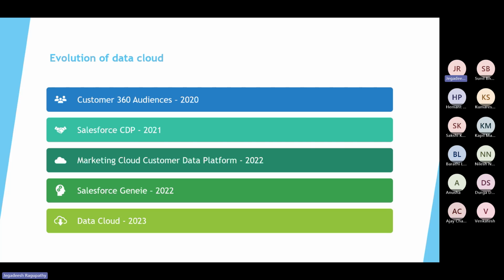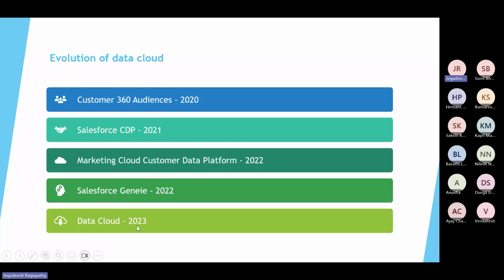And then it was called Marketing Cloud Customer Data Platform. These are renames of the same Customer 360 Audiences. We all know how Salesforce keeps changing every quarter, in the name of spring and winter releases. Similarly, the data cloud is also being kept updated, so in 2022 they named it Salesforce Genie, and now it is called Data Cloud with all the facilities.